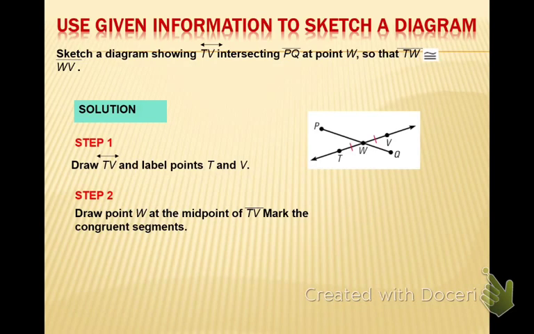Draw point W at the midpoint of TV and mark the congruent segments. So PQ intersects TV at W, and it's not the midpoint of PQ, it's the midpoint of TV, where PQ crosses. So we show those two are the same length with the tick marks.